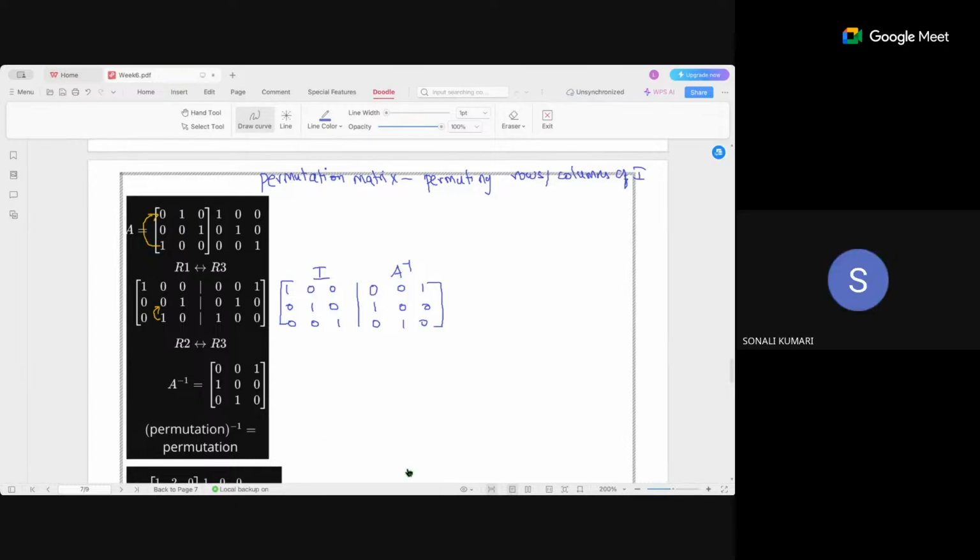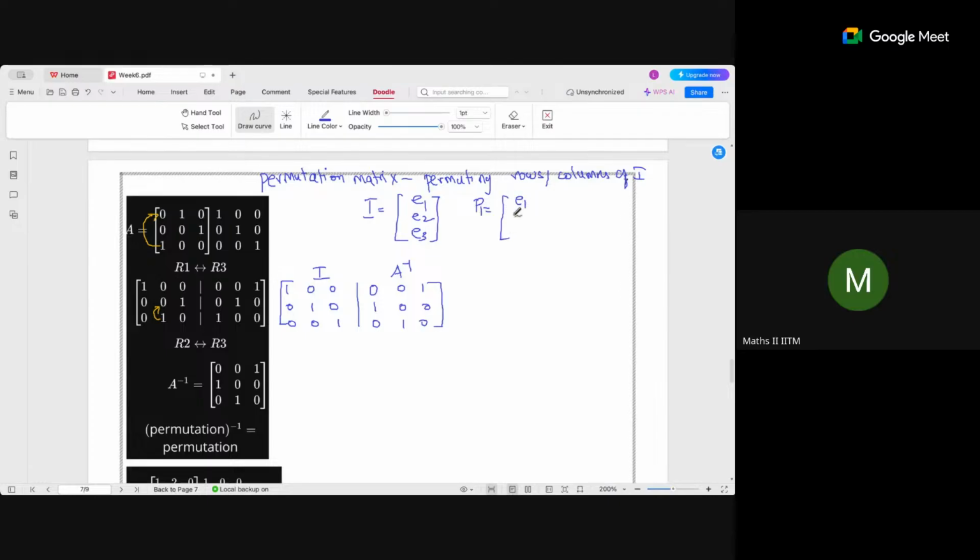Yeah. Could you please take one example? See, these are the examples. See, here, what are the rows or columns of the identity matrix? So you have E1, E2, E3. These are the rows of the identity matrix. So now in this case, let's say this is permutation matrix one.